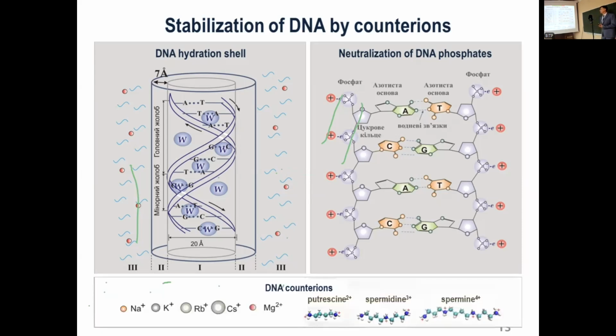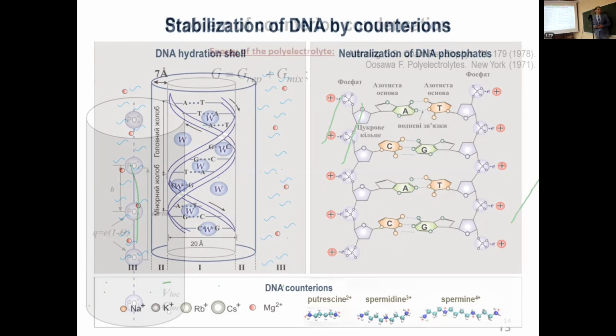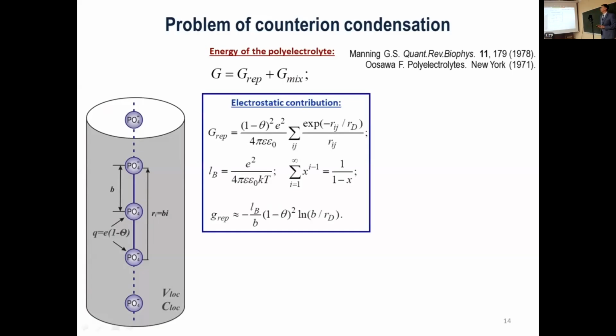So usually we use as counter ions sodium, potassium, other ions, also molecular ions, putrescine, spermidine, spermine. I just would like to say that for these counter ions we have some fundamental problems which are related to the distribution of ions, and we have several models which can describe this.